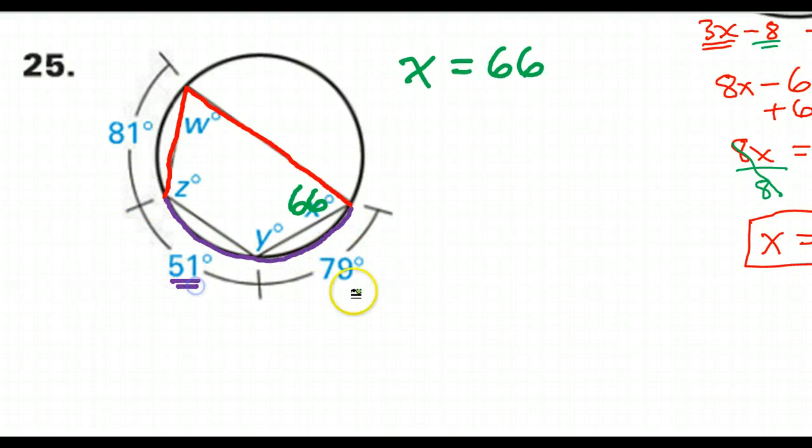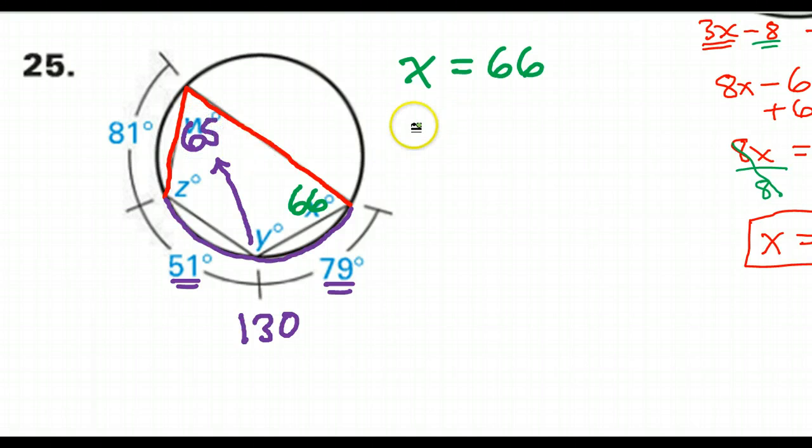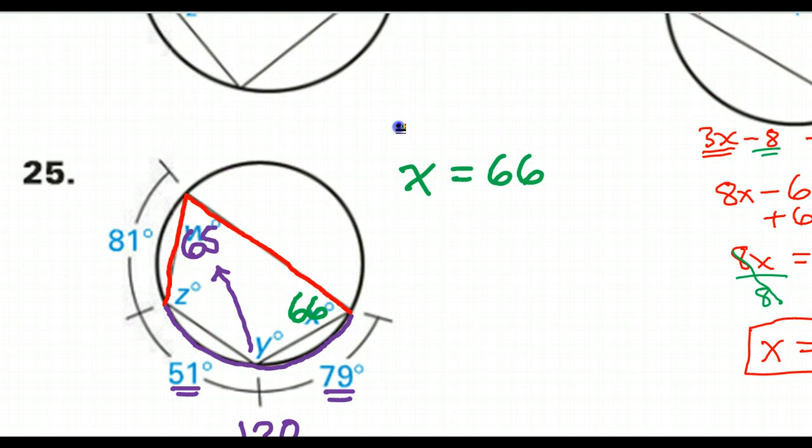Well, that's just going to be the 51 plus the 79. So that is 130. And so of course if I divide that by 2, that should give me angle W. Half of 130 is 65. So that is 65. So W is 65. I feel like I should put this in alphabetical order. W, X, Y, Z. So W is 65.